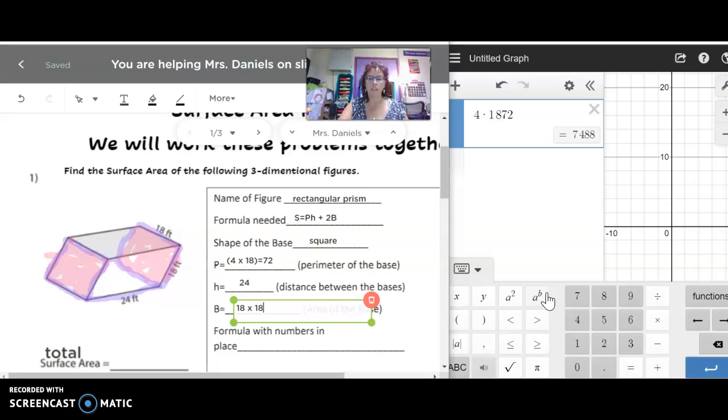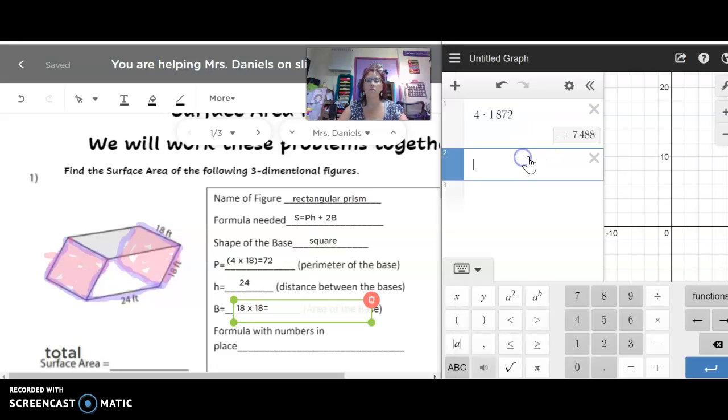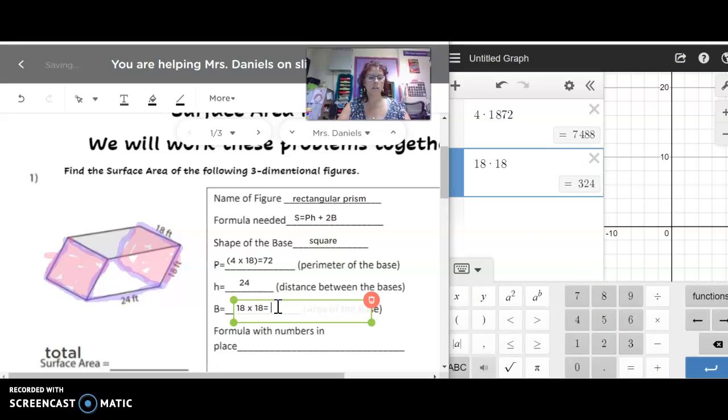If we do that in Desmos, 18 times 18, that's 324. All right, so now we have everything we need.